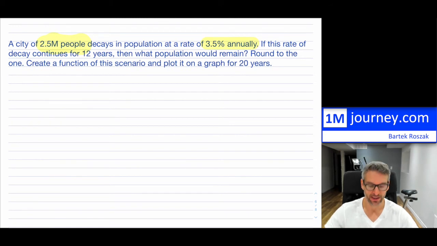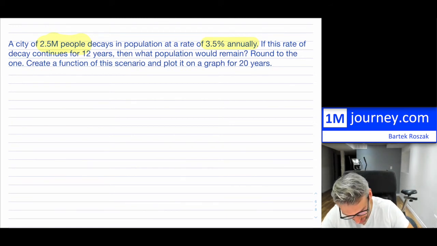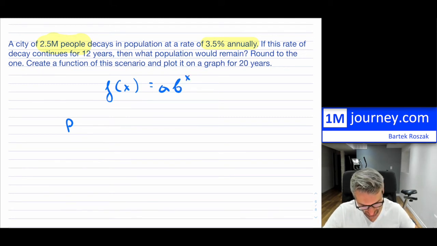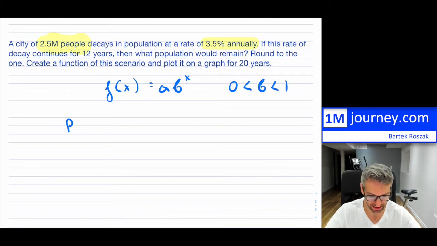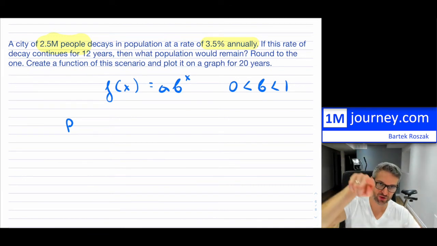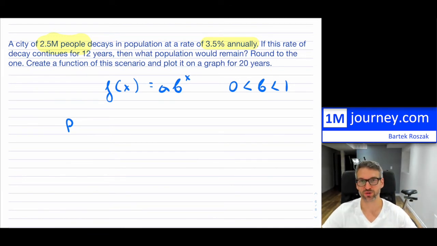So when you're studying these types, again, it's population, so I'll put P. But first I'll remind you that for our exponential functions, we knew that if B was between 0 and 1, less than 1, we would have a decaying function. That exponential would start to decay and get closer and closer towards 0.